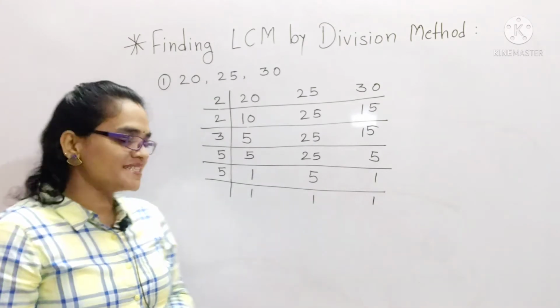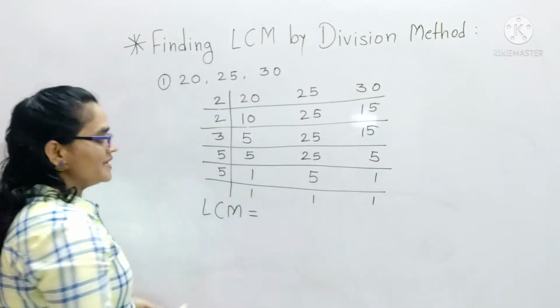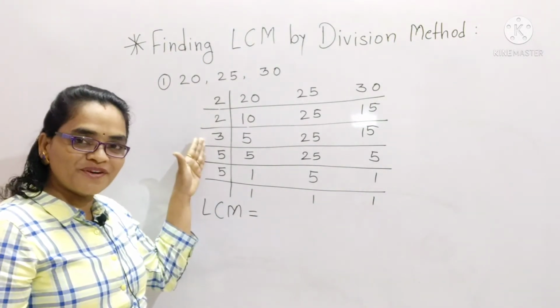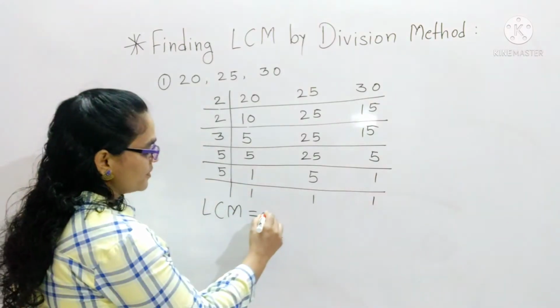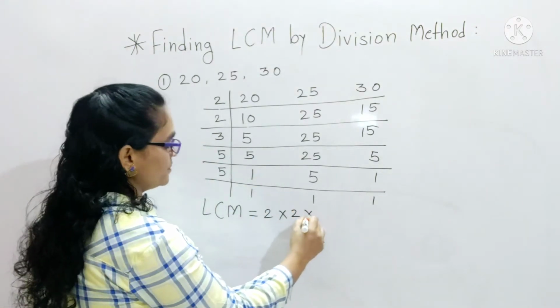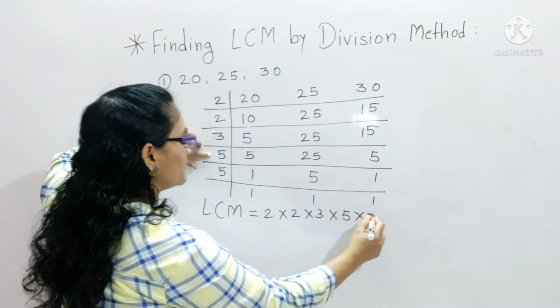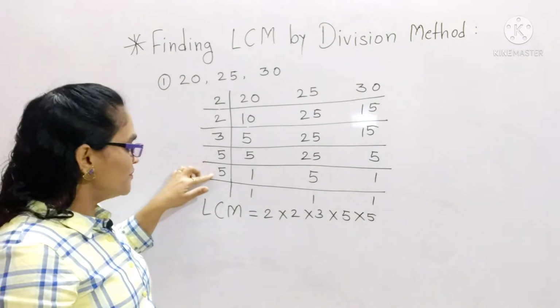Okay, now what is the LCM? To find LCM, this method is very easy. LCM means the numbers on the right hand side, the prime factors we got of all these numbers, write down as product form: 2 into 2 into 3 into 5 into 5.